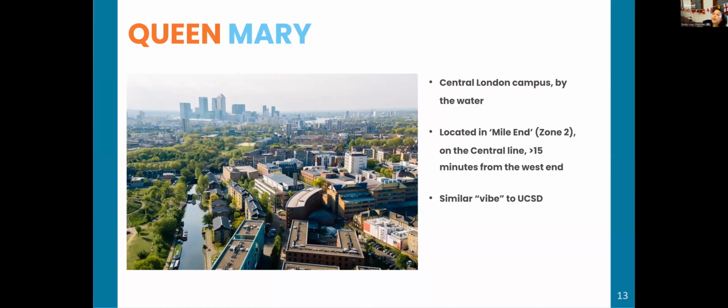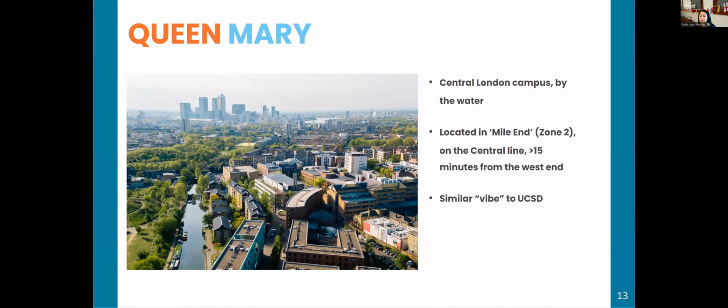Queen Mary is probably the most popular with UCSD students. King's is probably the most popular UC-wide, but UCSD students particularly like Queen Mary. First off, it has a very similar vibe to UCSD, which is why I think it's so popular.